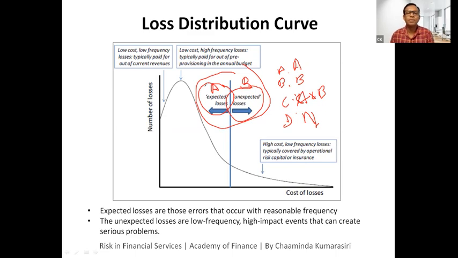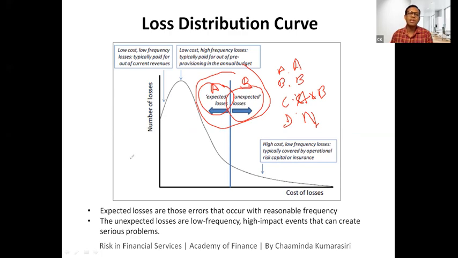Right. So 17 people have responded. This is your answer. 24% says A, 47% says B, 29% says Z.